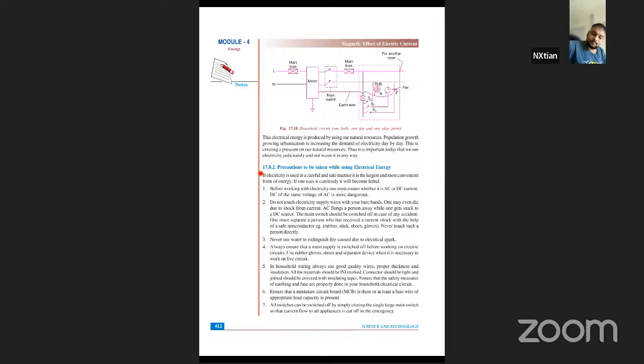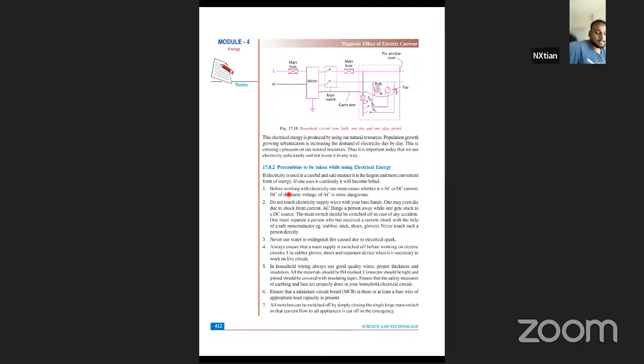If one uses it carelessly, it will become lethal. Before working with electricity, one must ensure whether it is AC or DC current. DC of the same voltage as AC is more dangerous. Do not touch electricity supply wires with your bare hands. One may even die due to the shock from current. AC flings a person away while one gets stuck to a DC source. The main switch should be switched off in case of any accident. One must separate a person who has received a current shock with the help of a safe non-conductor.